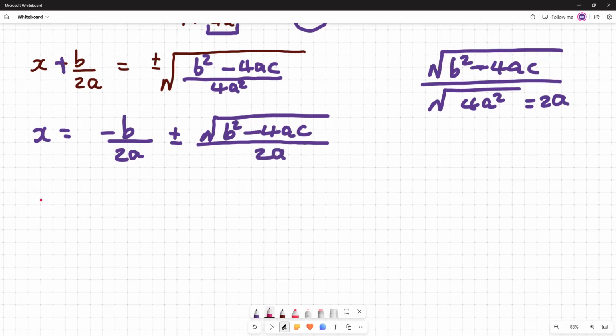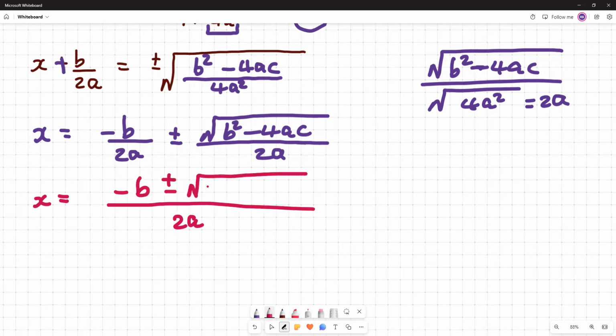Then, ladies and gentlemen, I'm sure we can see that our bottom now is the same, 2a and 2a. No need for us to do further calculations there. So you have negative b plus minus the square root of b squared minus 4ac. And that is your quadratic formula proven.